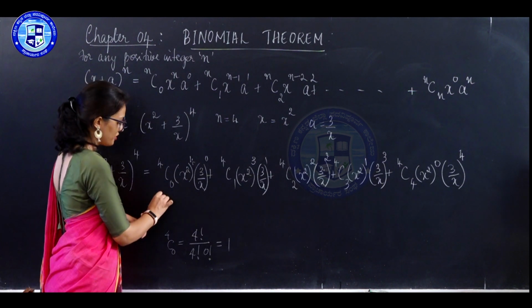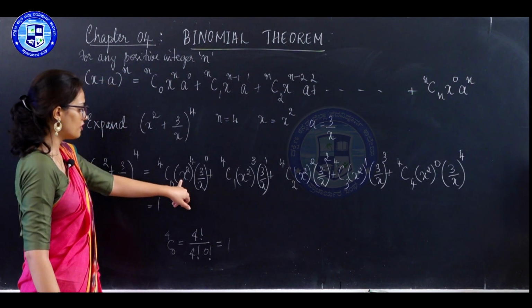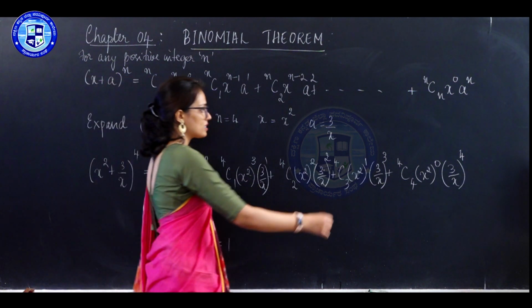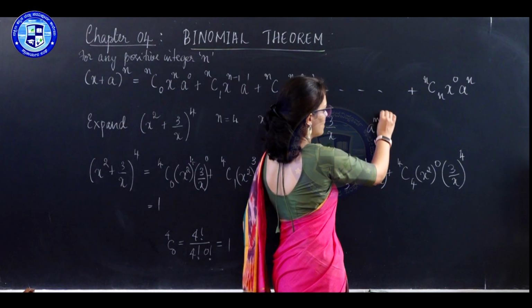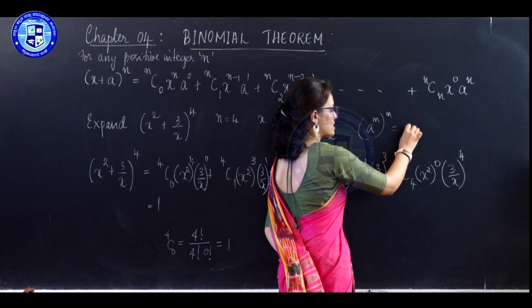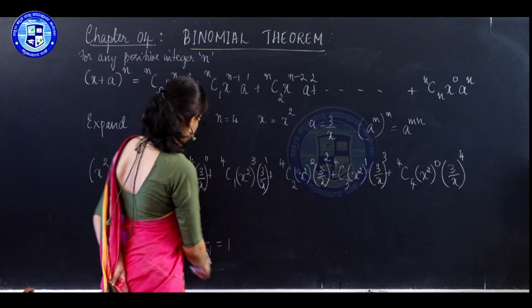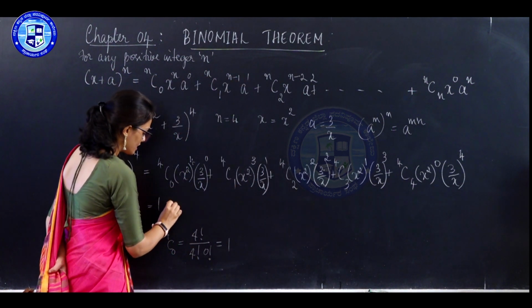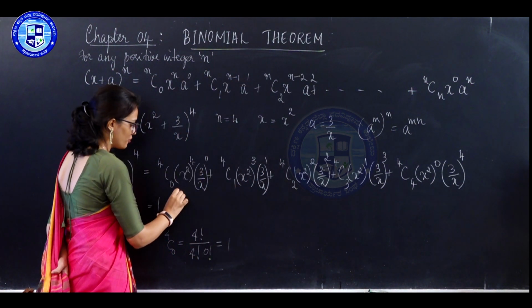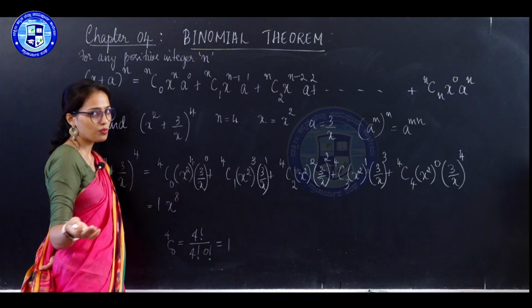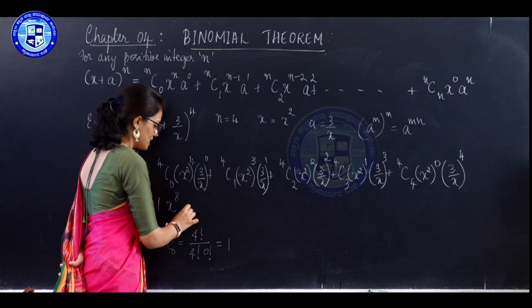So we have the coefficient here equal to 1. Here for this term we have x square to the power 4. It is of the form (a to the power m) to the power n, and this is nothing but a to the power m into n. So let us multiply the powers here. This will be x to the power 2 into 4 equal to 8. (3 by x) to the power 0 is equal to 1, so I am not going to write it.